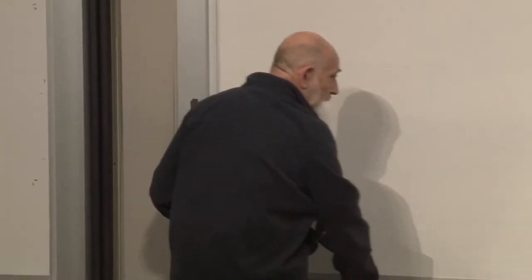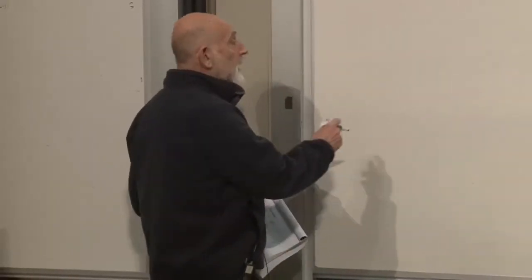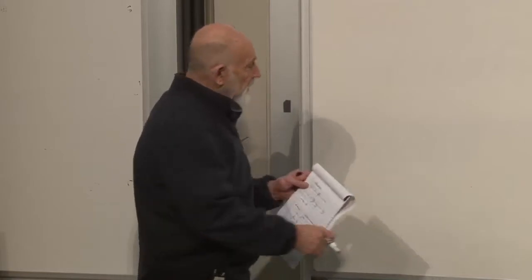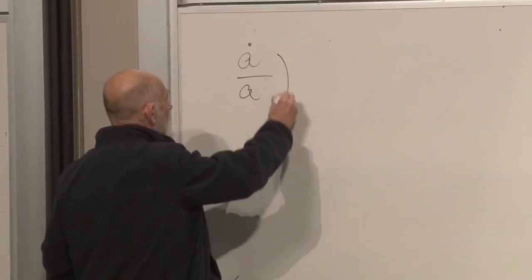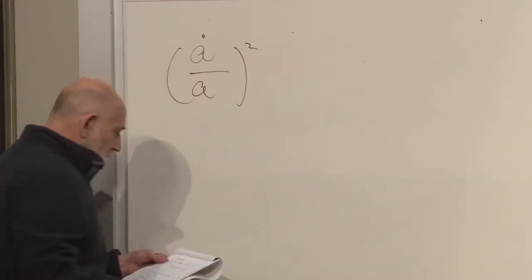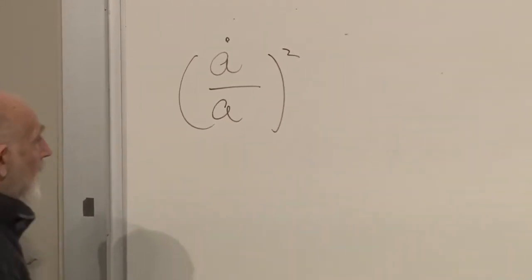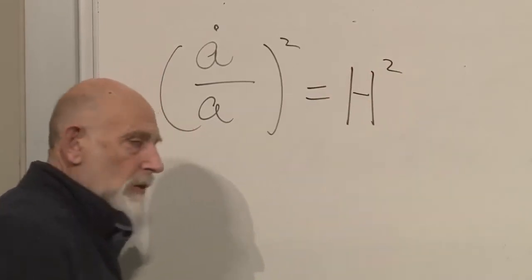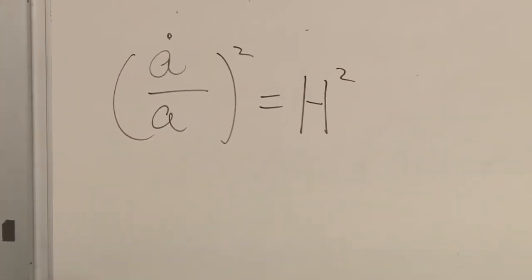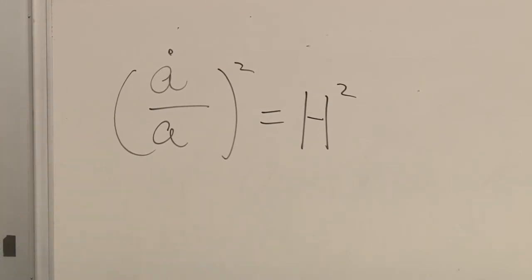All right, the basic equation, as always, at least for a homogeneous universe, is the Friedmann equation, A dot over A squared. And that we can also give another name. We can call it the Hubble constant squared, or somebody suggested that we call it the Hubble function since it depends on time, and that's fine.